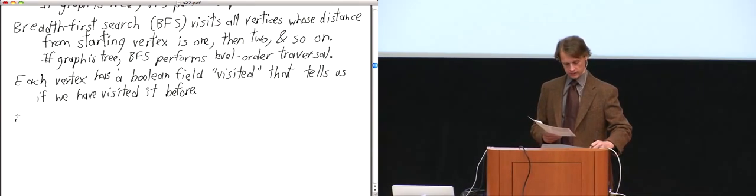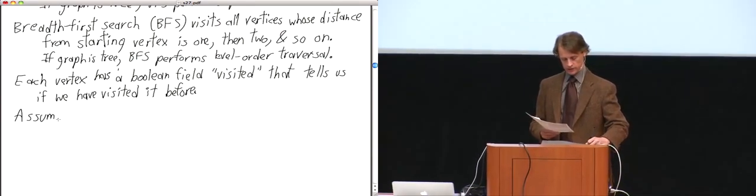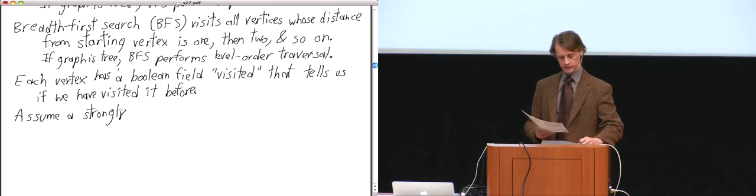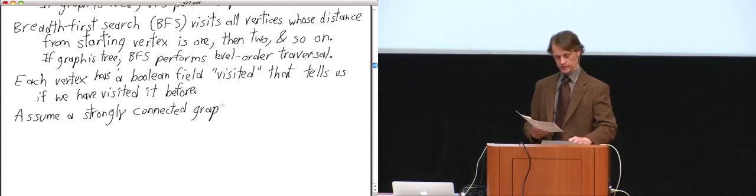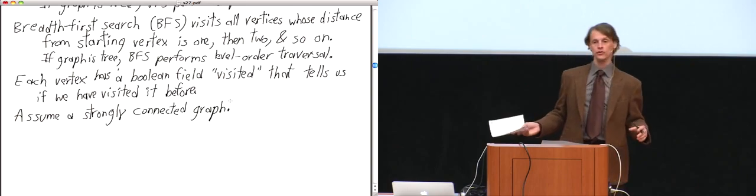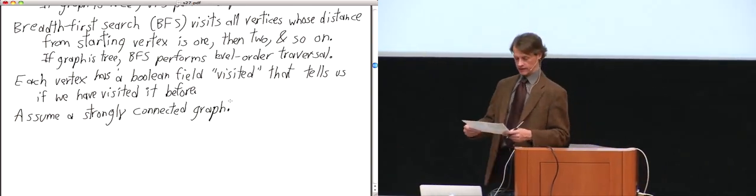I am going to give you a depth-first search algorithm that's recursive, and for this to actually visit every vertex once, the graph has to be strongly connected, or maybe it won't visit every vertex once. So just assume for now that the graph is strongly connected.